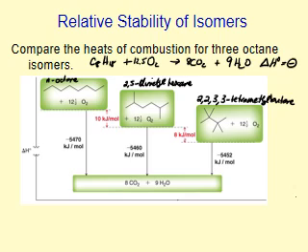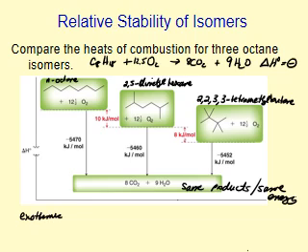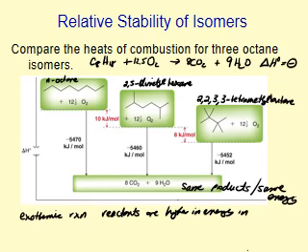The products in each case are the same, which means they are the same energy. And the products are lower than the reactants because heat is given off. So in an exothermic reaction, the reactants are higher in energy than the products, and that difference in energy is what's given off as heat.